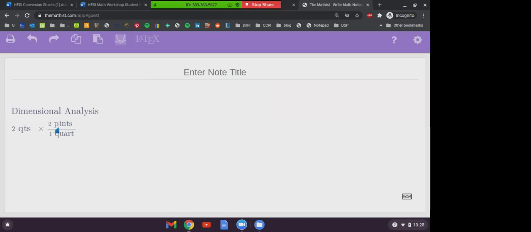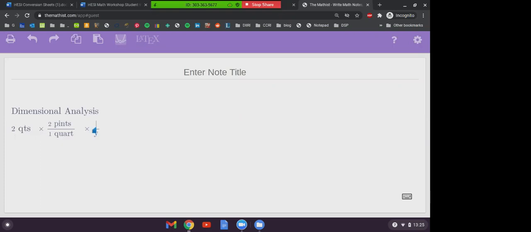I know that 1 quart is equal to 2 pints. Because they're equal, it's like multiplying by 1. That's why you're allowed to do it. The quarts cancel with the quarts, and you're left with pints. Then you keep doing this until you get to the unit that you want.